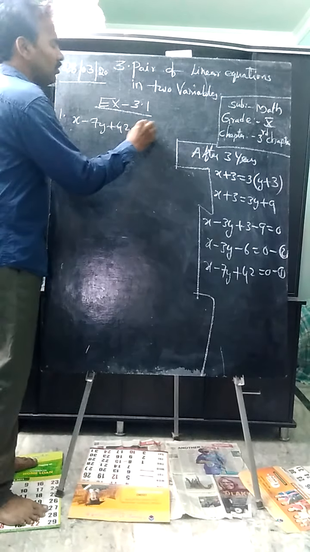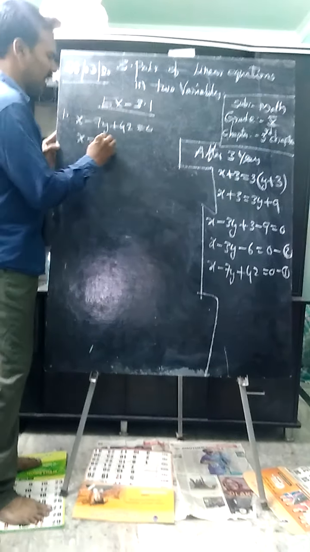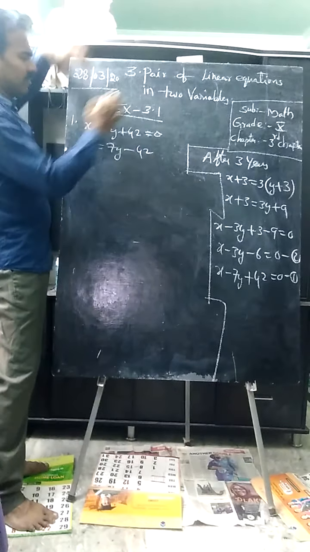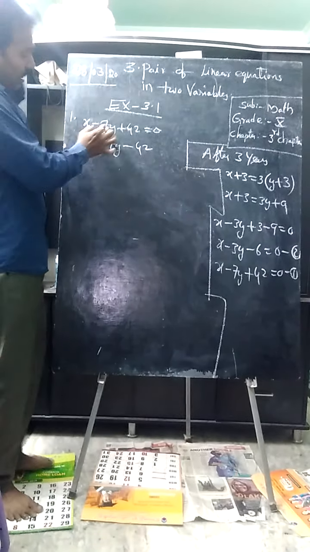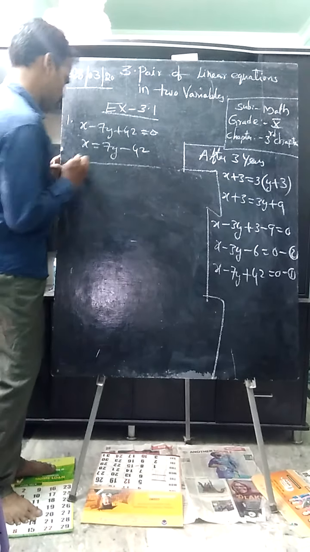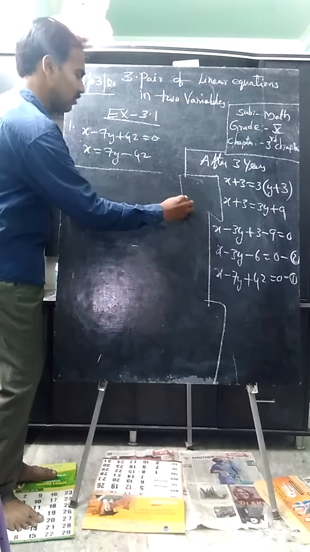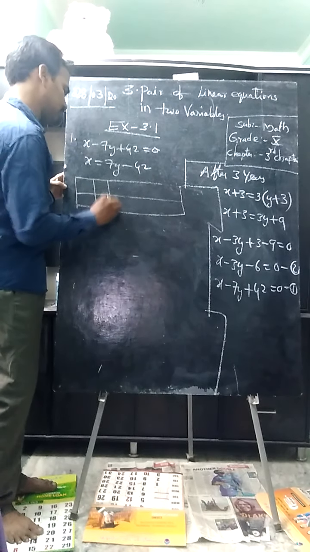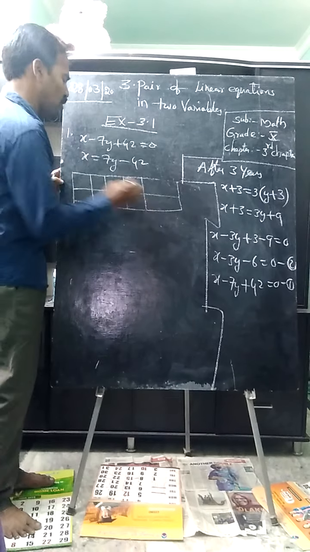Then, write 7y minus 42. When we shift to that side, take one variable x, and minus 7y changes into plus 7y, minus 42, and make a solution table, or else represent by using numbers. This is nothing but writing in coordinate form.